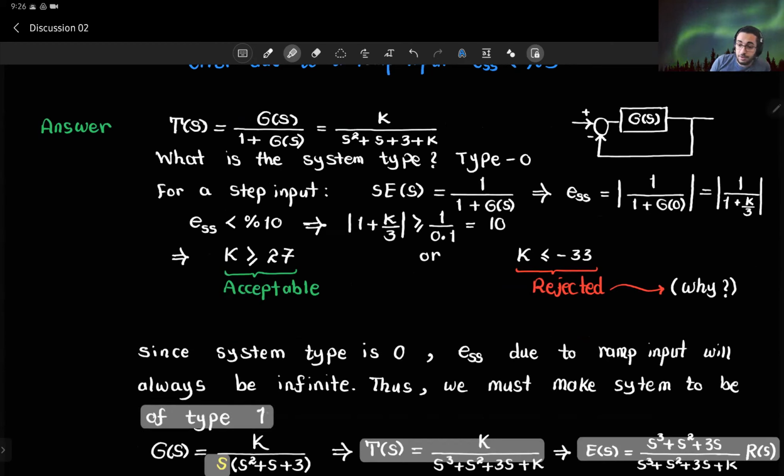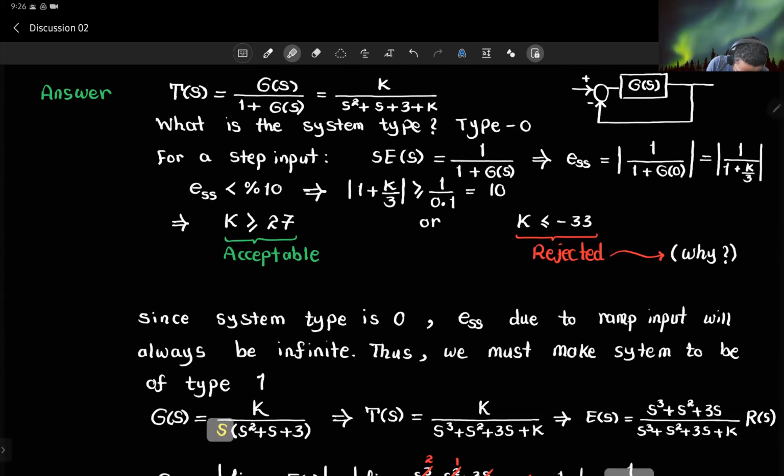Okay, so basically that's what we do here. We add the pole at the origin for the open loop transfer function without closing the loop. So we get k divided by s, right? Multiplying the denominator that was already there, s squared plus s plus 3. Now this is a type 1 system, right? So we calculate the closed loop for that.